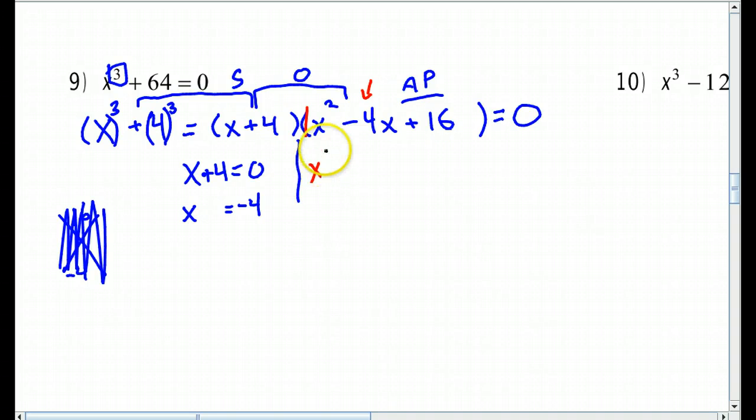So here we go. x squared minus 4x, leave a space, equals -16. Move the 16 to the other side. Set it all up.